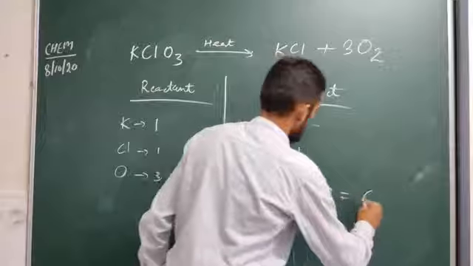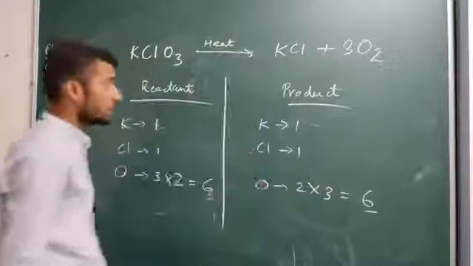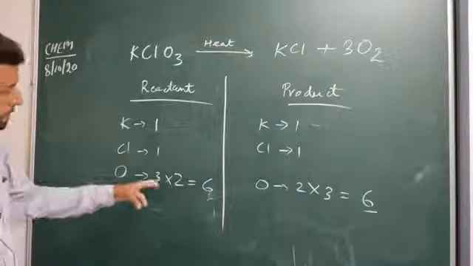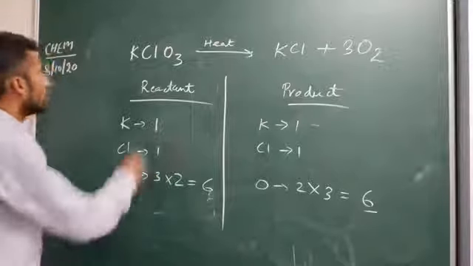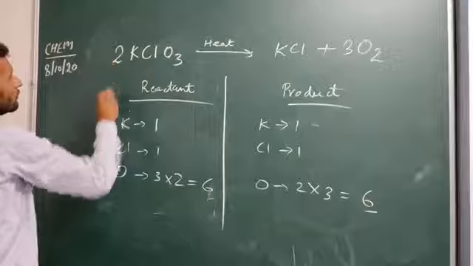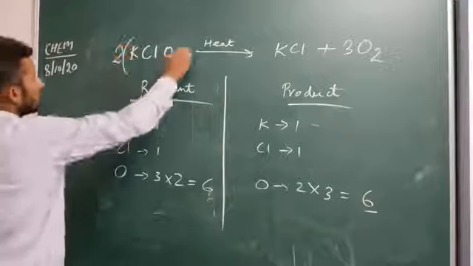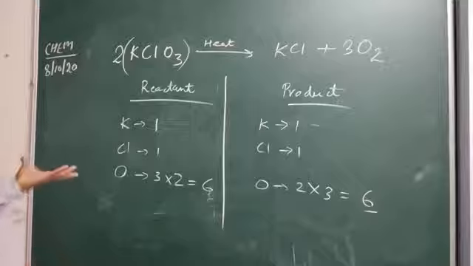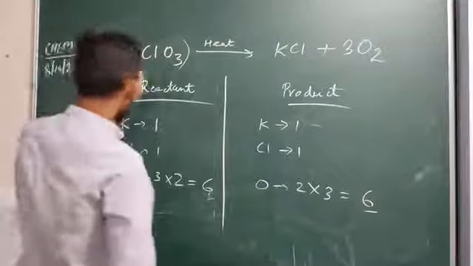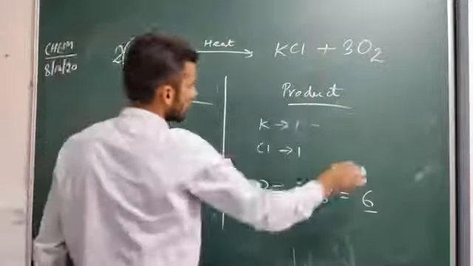So the oxygen atoms are balanced, but in order to make 6 here, we need to multiply by 2, because then only it is possible. 2 multiplied by 3, so 3 into 2 is 6.